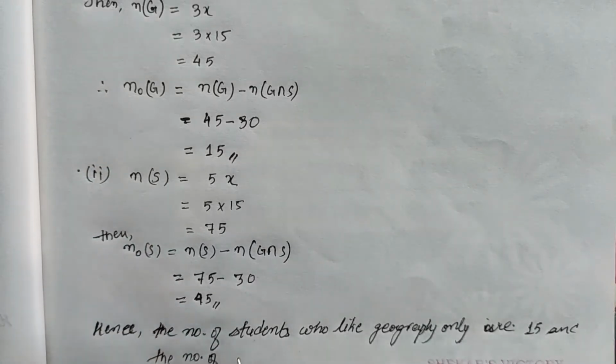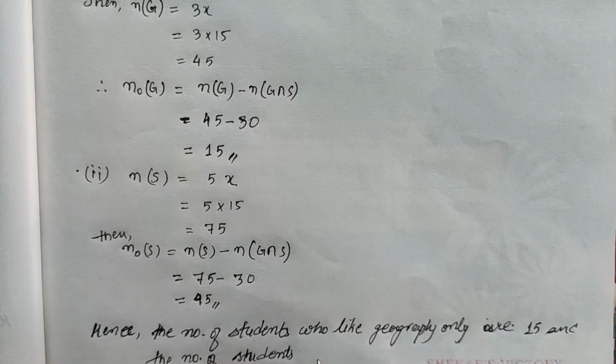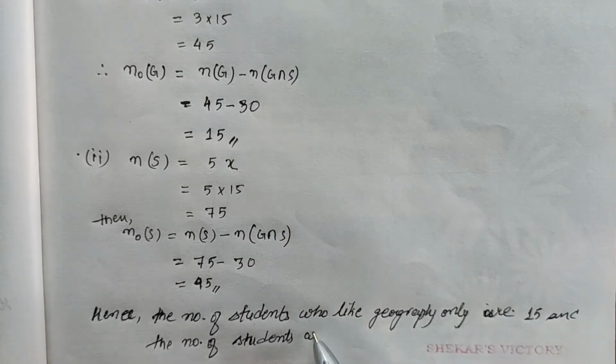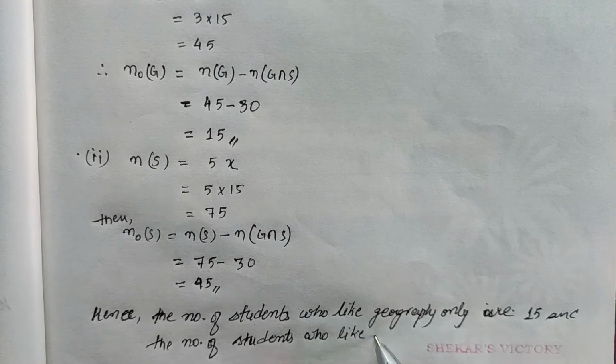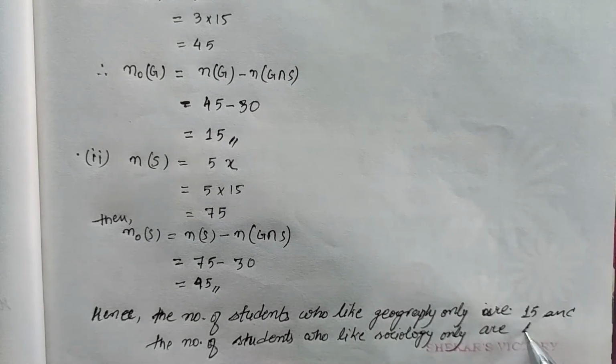We have to find n only s, so the number of students who like sociology only are 45.